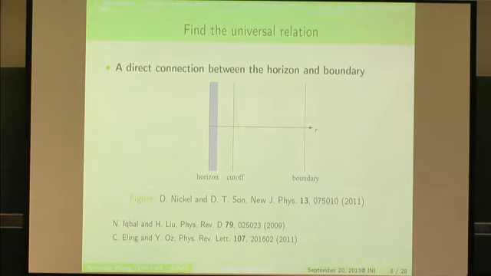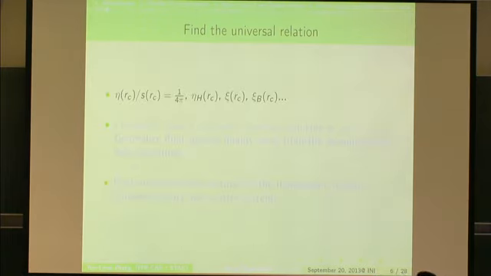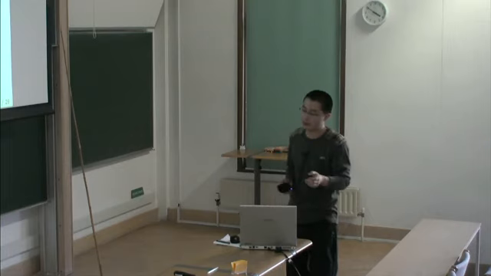Then a cutoff surface was introduced to build up the relation, and some universal properties have been found, for example, eta over s and other anomaly properties. We also find that the anomaly coefficients satisfy some universal relations even on the cutoff surface.